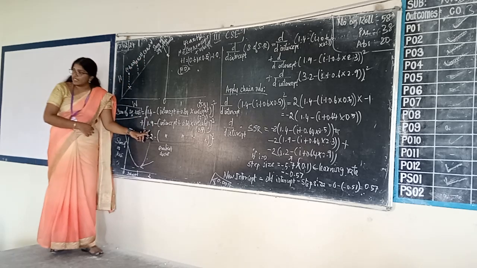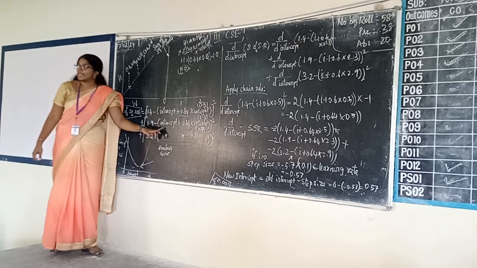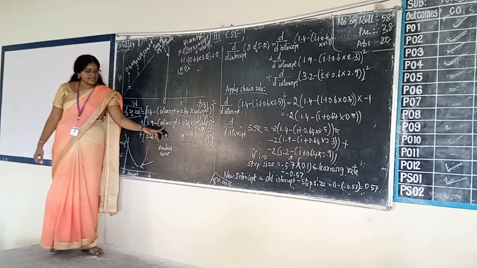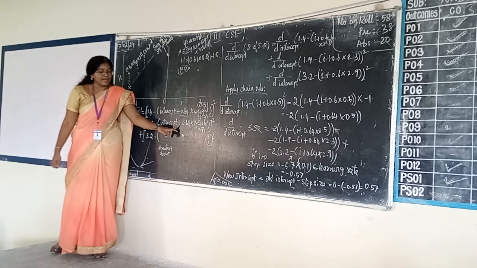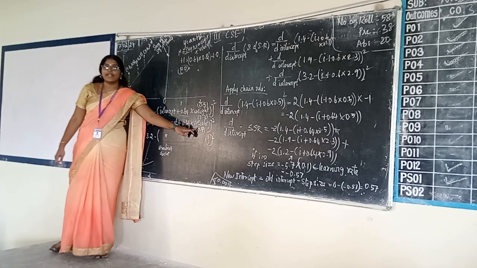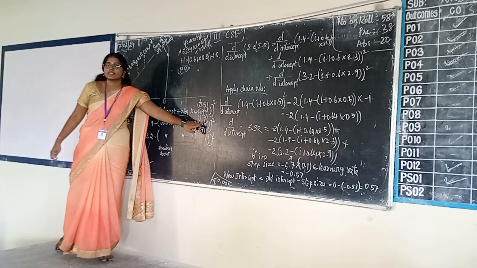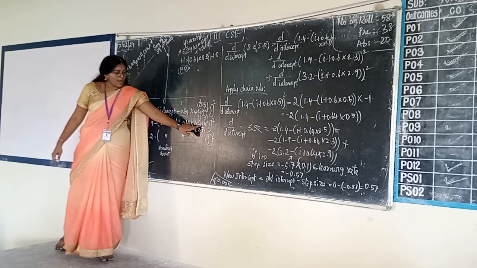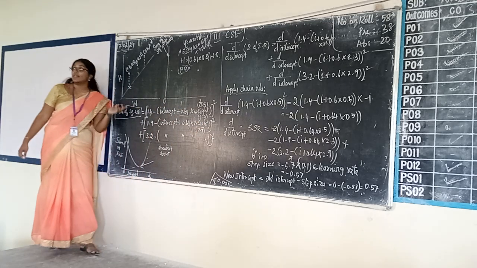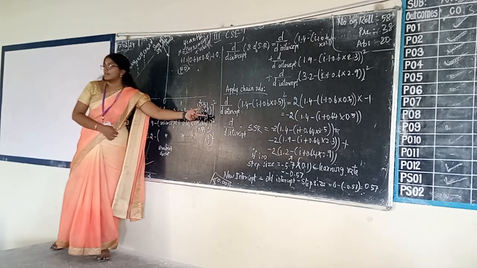So actual height 1.9 minus the predicted height, whose formula is ax plus b, that is intercept plus slope value 0.64 into weight. For the second data point, our weight value is 2.3, so you have to apply 2.3 here. Whole square, because this is the sum of squared error. That's why you have to take the squares.